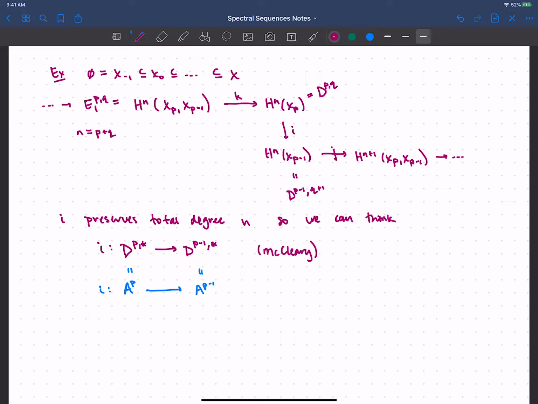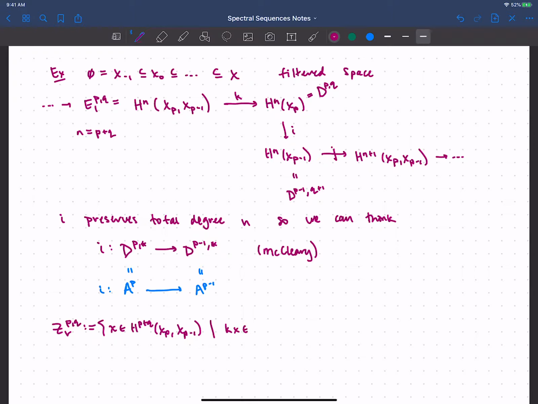Okay, but now I want to get into the nitty-gritty. So remember that in this situation where we had a filtered space, maybe I should have written that. We had a filtered space, then we talked a little bit about the convergence, and we said that Z_r^{p,q} we would define to be all x in H^{p+q}(X_p, X_{p-1}) such that, well, what?